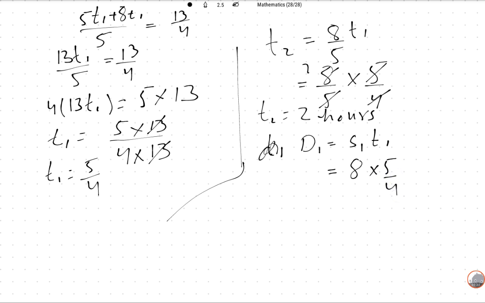Okay, so distance 1 is equal to 10 kilometers.